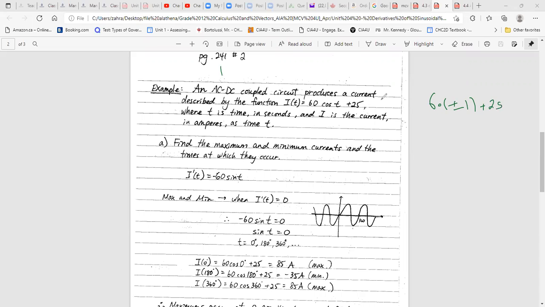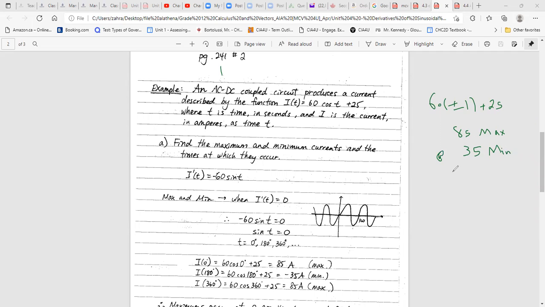When cosine t is positive 1, we have 85, so that's your maximum. And when the cosine is negative 1, it's 60 multiplied by negative 1, which is negative 60, plus 25, which is negative 35, and that will be your minimum.